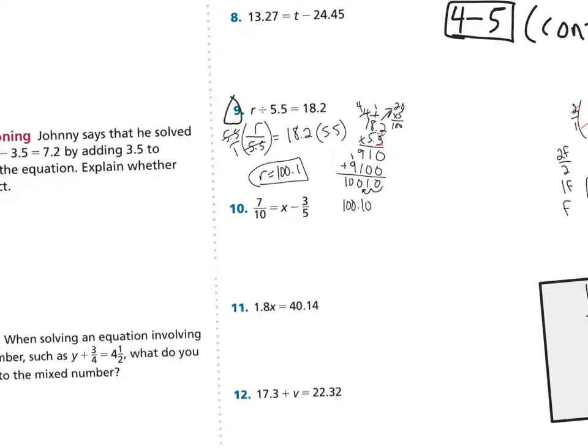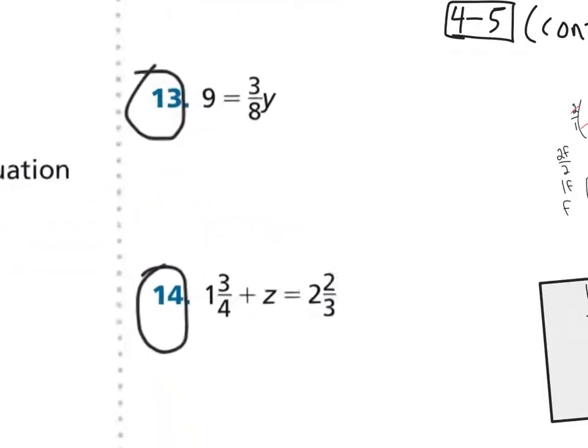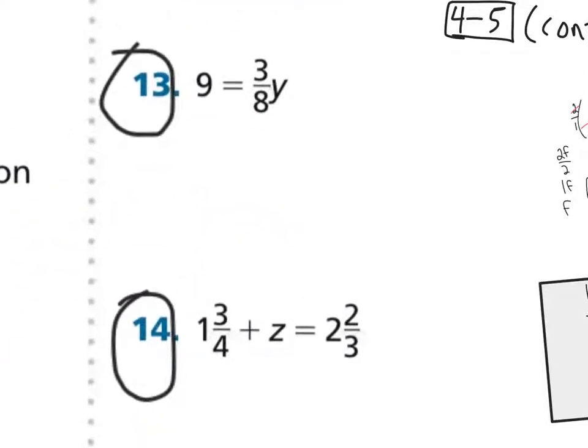So if we go to number 13, one difference, the variable's on the other side of the equation. If you want to switch that around, you can. So this one we could say that the variable is being multiplied by 3/8, so we can divide by 3/8. You can also do the reciprocal idea like the book did if you want.